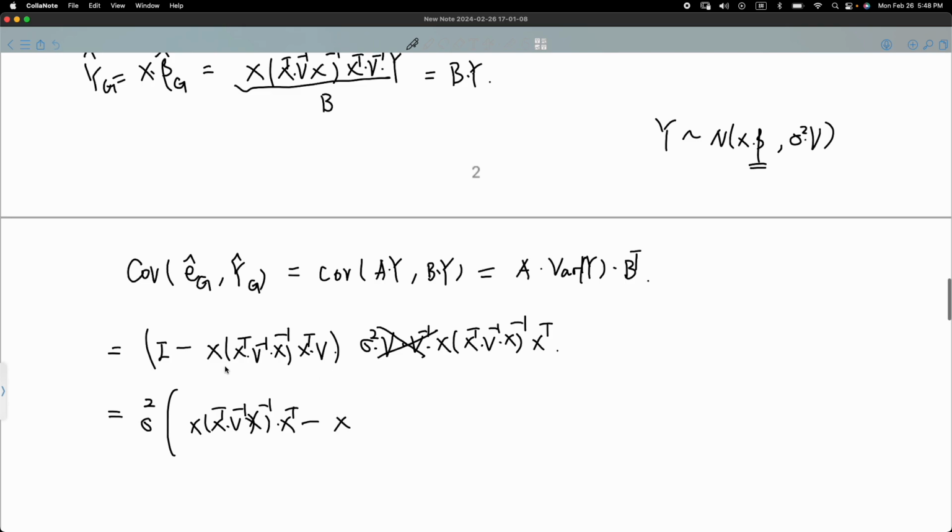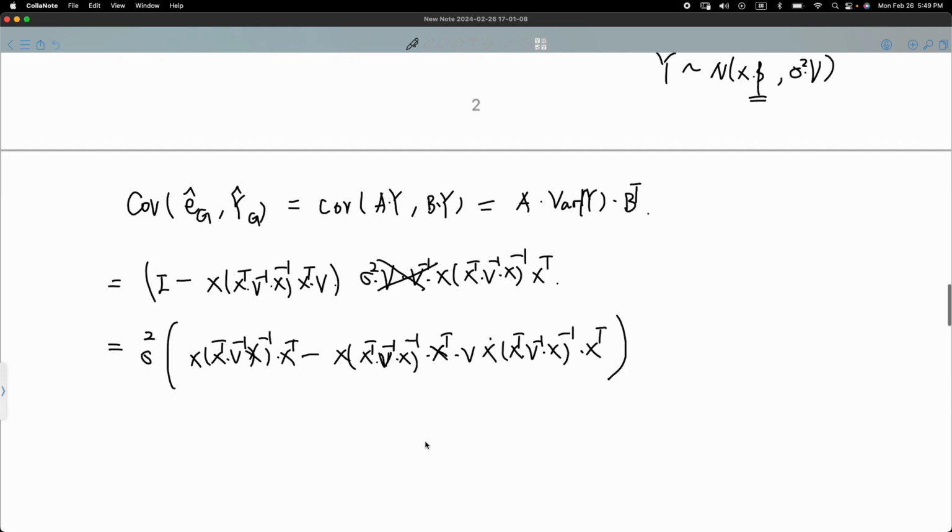So we first need to copy down this part, X transpose V inverse X inverse. Let me know if you see any typos. And then copying this part here, X and then X transpose V inverse X transpose. Closing that.